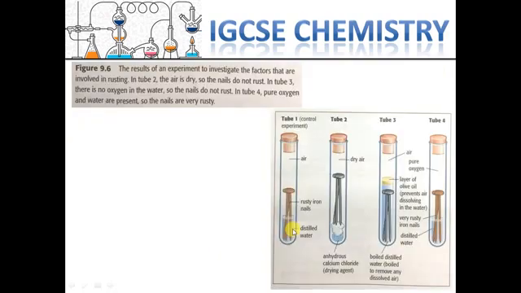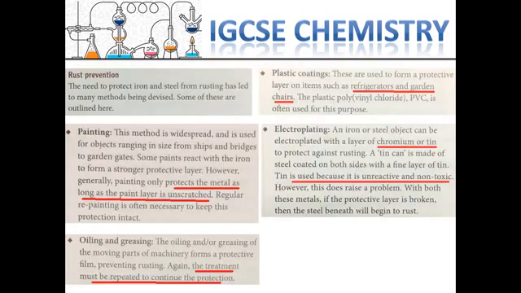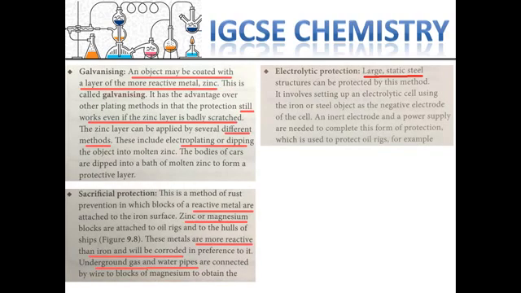The outer layer of the metal can react with the oxygen because it's very reactive, but that oxide of the metal can protect the next layer of the metal.